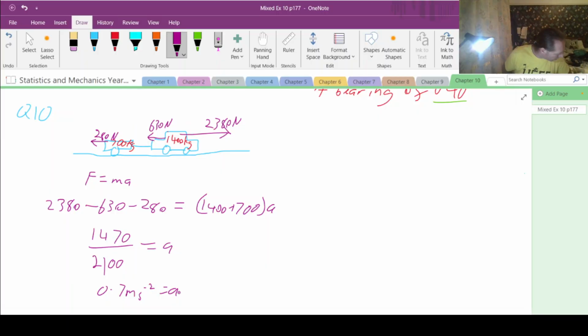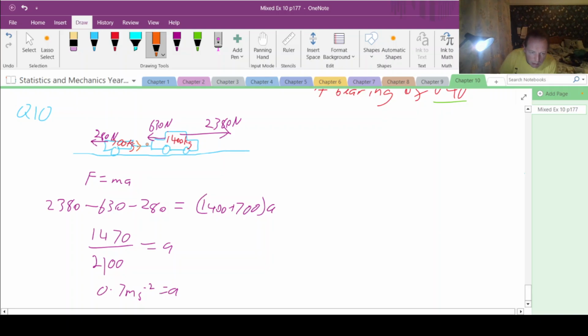So, the tension in the tow rope. The tension in the tow rope is going to be the same forwards and backwards. So now we can look at the F equals ma of the car separately.